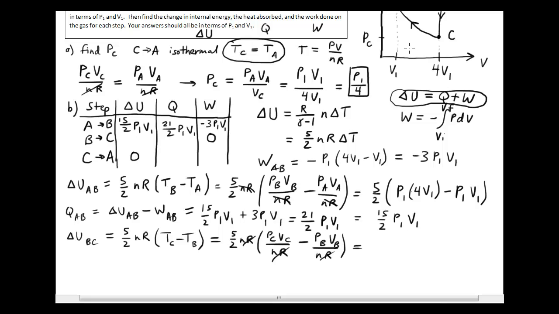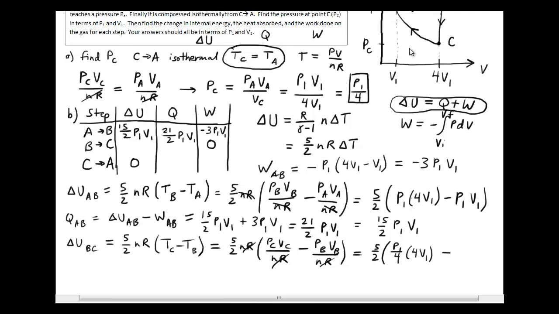Now we look back at our sketch, PC VC. If we look at that, we can see it right here. PC is P1 over 4. VC is 4V1. So this becomes 5/2 times P1 over 4 times 4V1, that's the PC VC, minus PB VB.